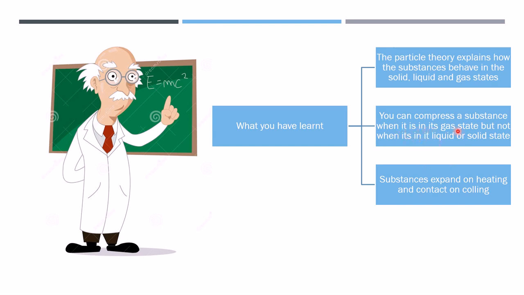You can compress a substance only when it is in its gas state, not in its solid or liquid state. So substances expand on heating and contract on cooling. In the last two slides I just showed you, it tells that substances will expand when they're heated and they will contract when they're cooled.